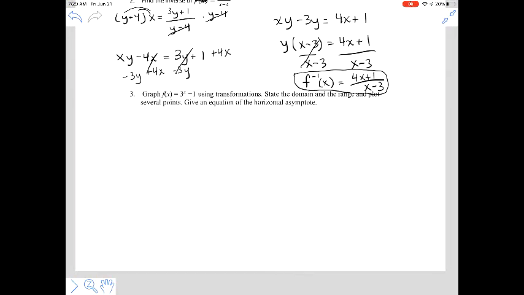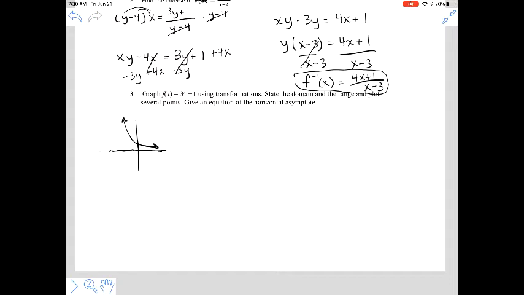All right, question 3 is from section 4.2, graphing exponential functions. You'll recall that a typical exponential function with no transformations has a horizontal asymptote right there on the x-axis, a y-intercept at 0, 1, and if it's a growth function would look like that, or if it's a decay function would look like that.